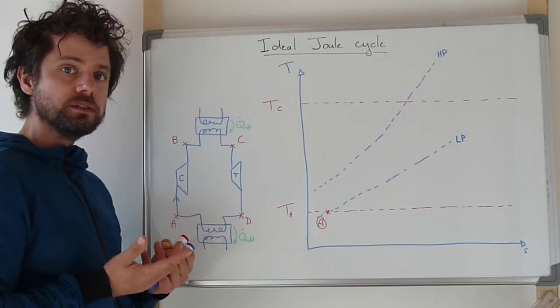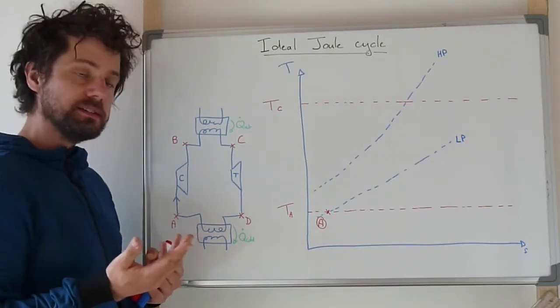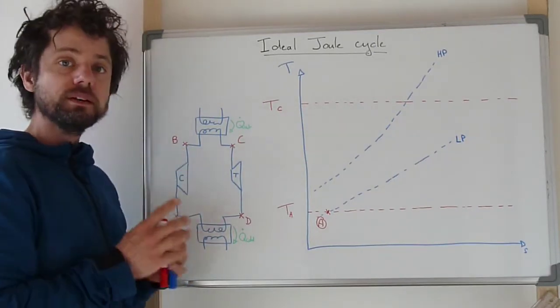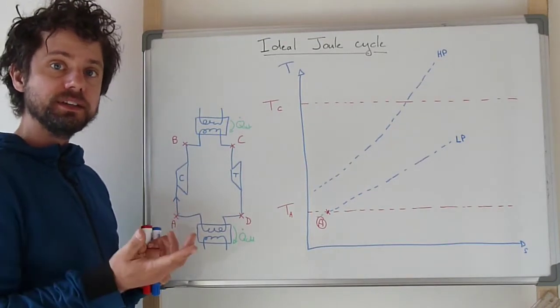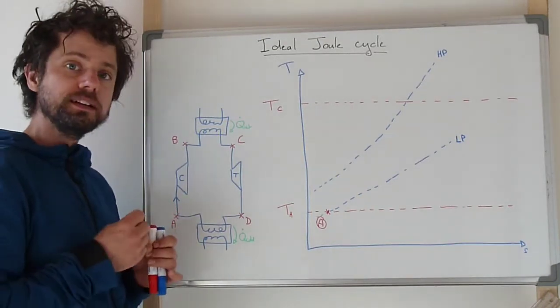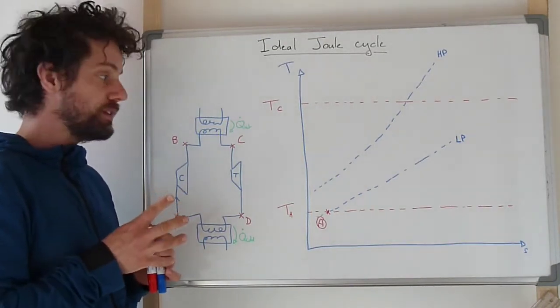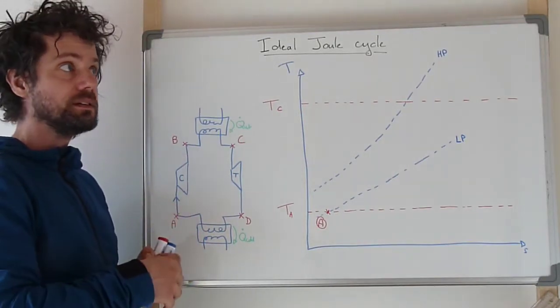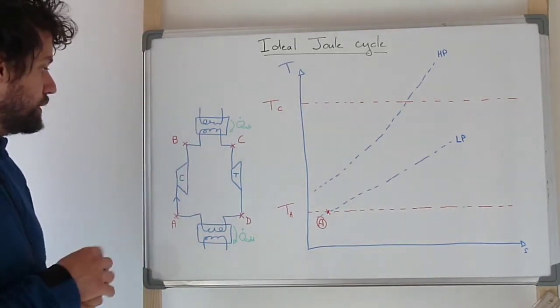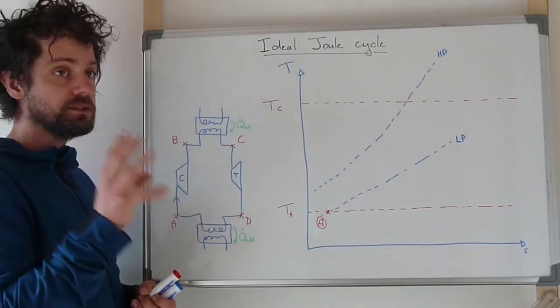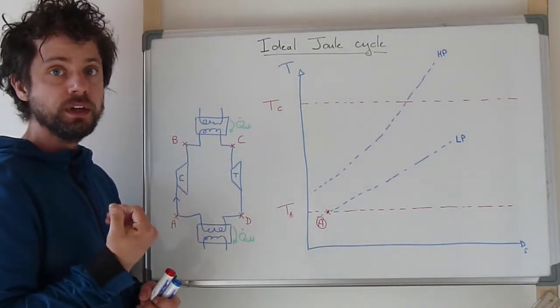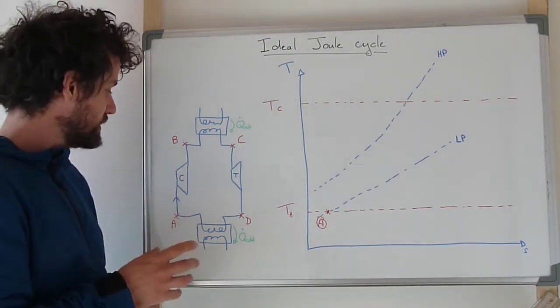The compressors can, in gas turbine cycles, always be considered as being adiabatic. So we can completely neglect heat transfer that may occur with the ambient air around, because it is really negligible compared to the technical work that is exchanged.